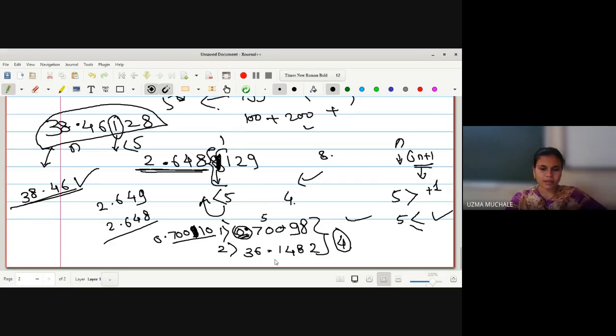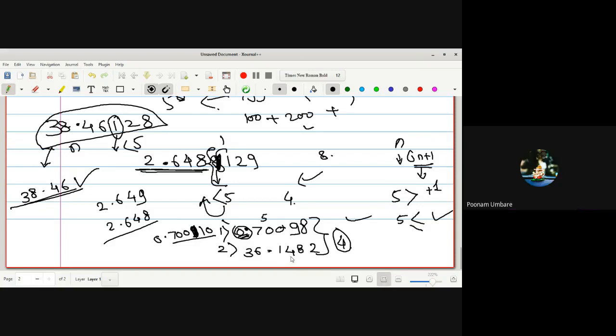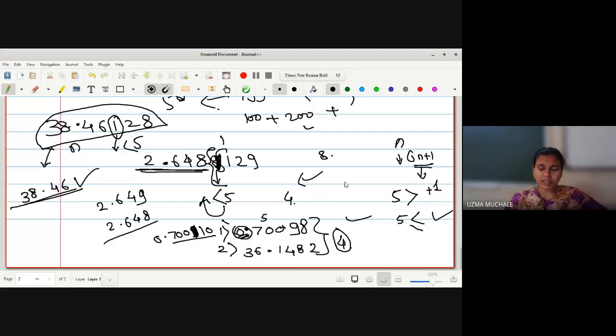What about the second number? 36.15. I will tell every student once again: before the decimal you can say it is 36, and after the decimal you have to speak the digits one by one, like 36.1482.